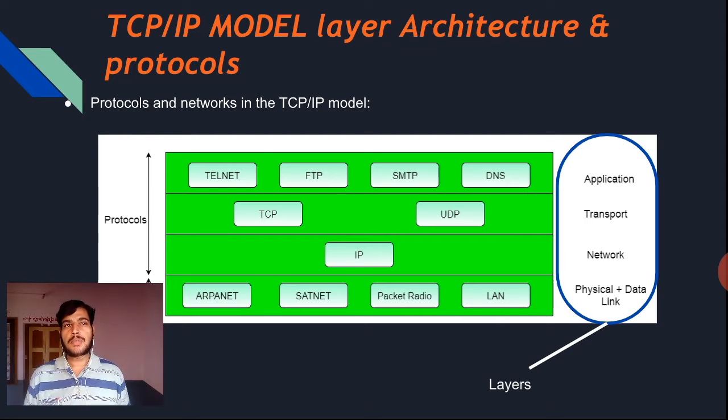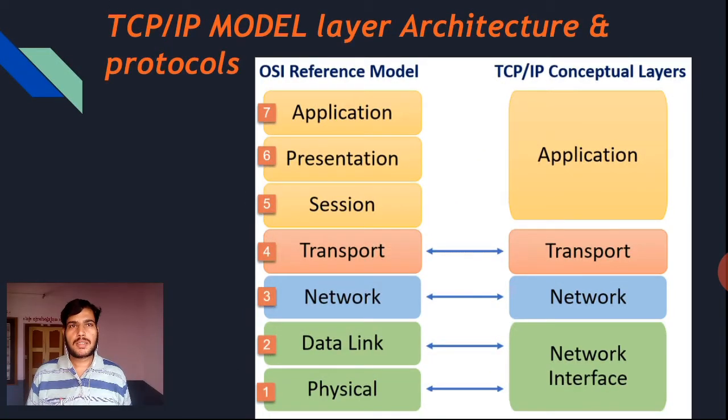So this is how the TCP/IP model layer architecture looks and what protocols and networks it uses. Now to compare the OSI reference model with the TCP/IP conceptual layers. As we discussed, the OSI reference model uses 7 layers, from the physical layer to the application layer.